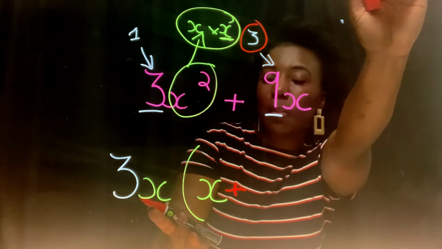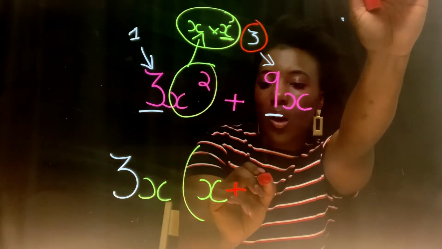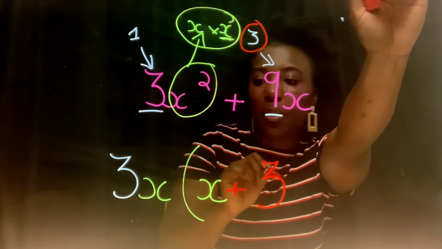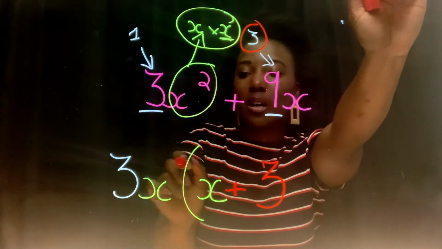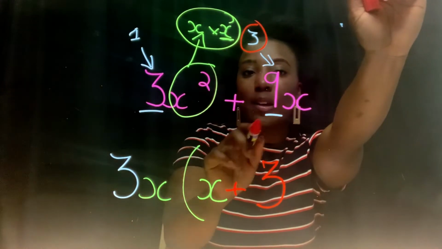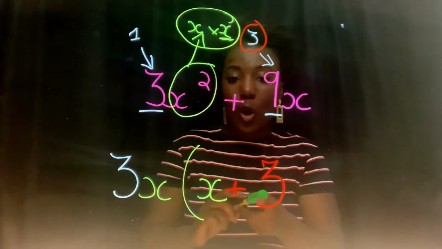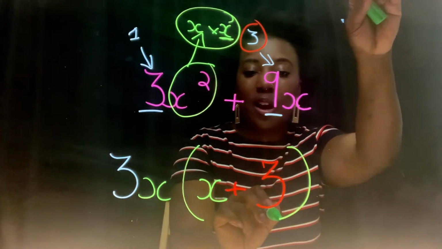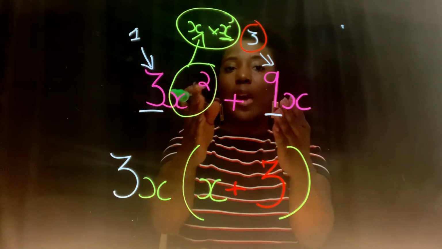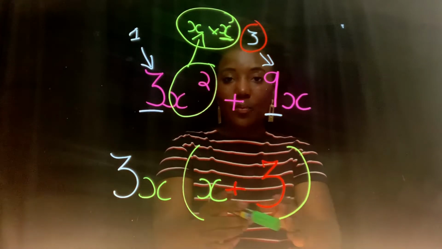Okay, I don't need to multiply it by another x, just by 3. So I am going to complete this bracket by putting in the number 3. 3 times by 3 gives me 9, and times by x gives me 9x. Well, that's it, guys. We have successfully factorized 3x squared plus 9x with this.